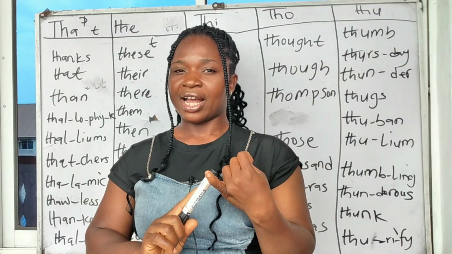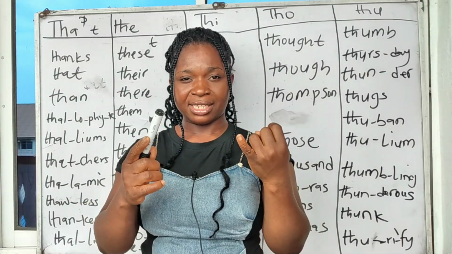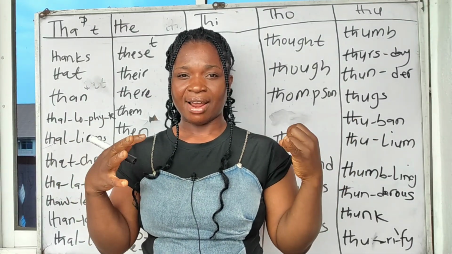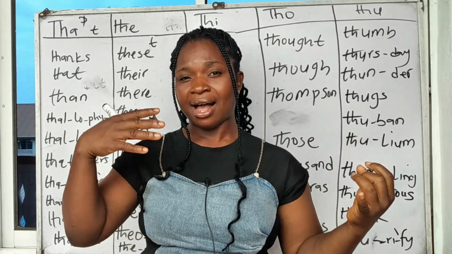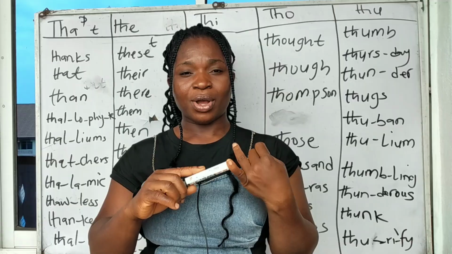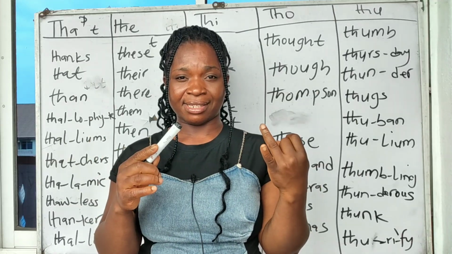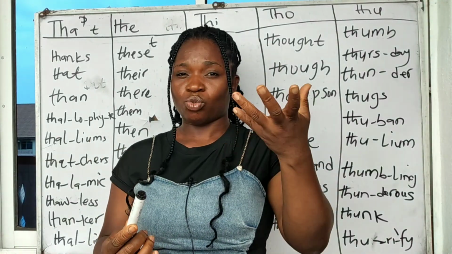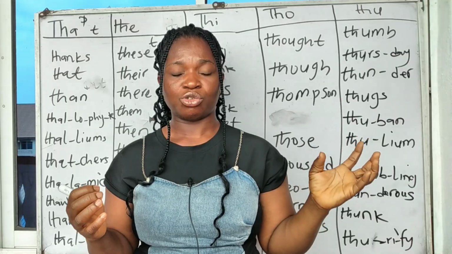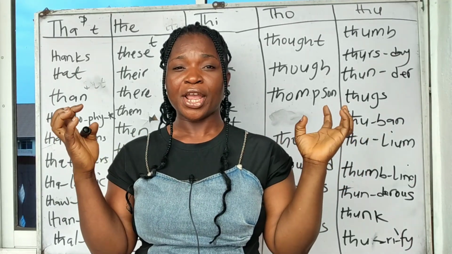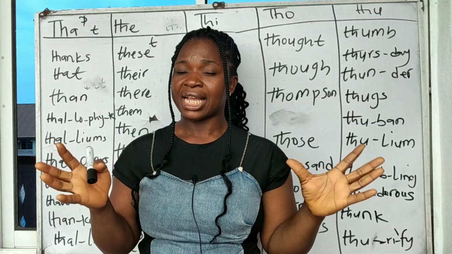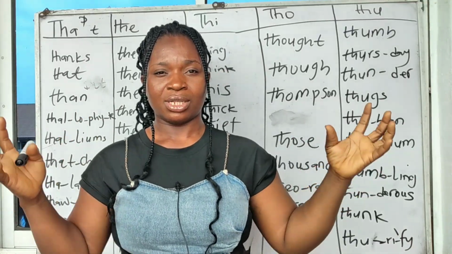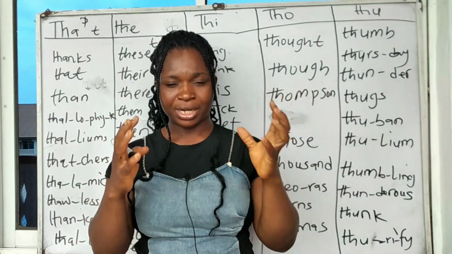After that, you move to pairing, that is, we call it either digraph or trigraph, depending on whether it's two or three letters, and we equally have more than three. Now, when you are done with combining the sounds, you should be able to pronounce what you have combined, whether they are in twos or in threes. If you are able to pronounce sounds, then put sounds together, you pronounce words.